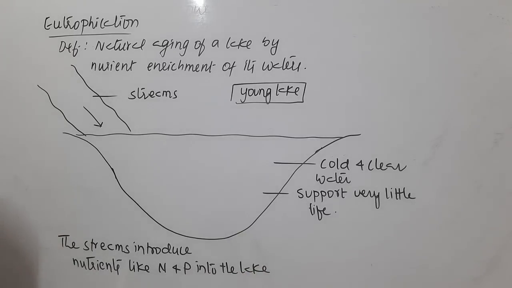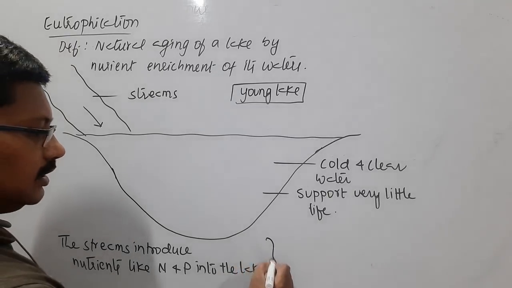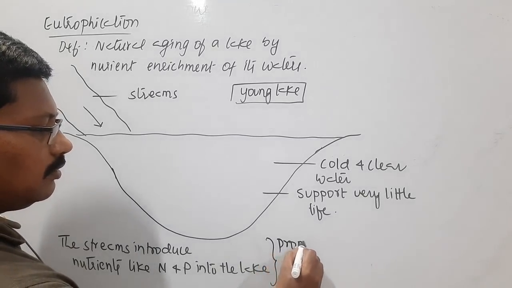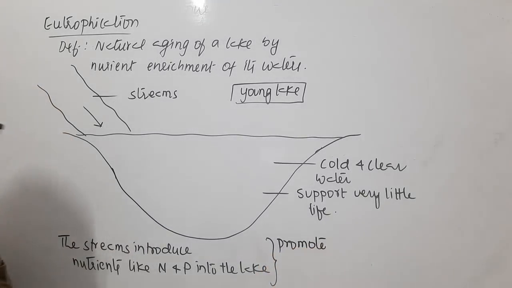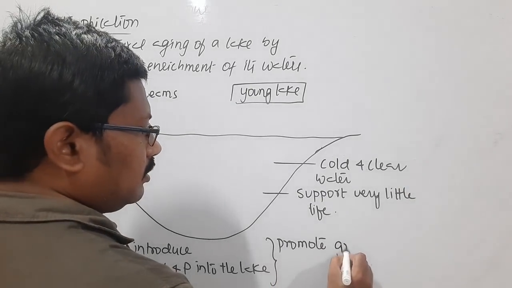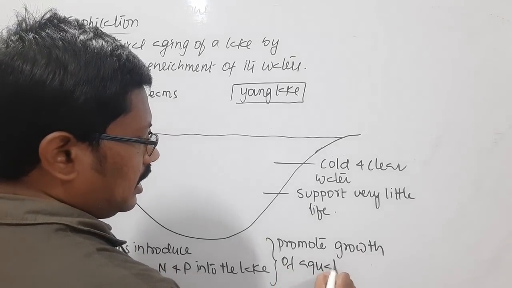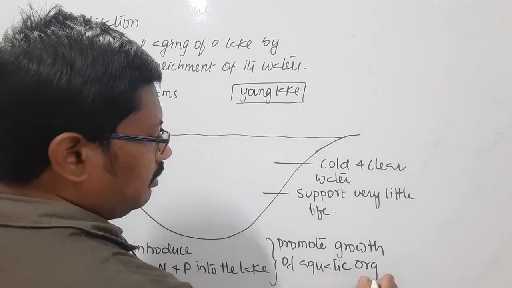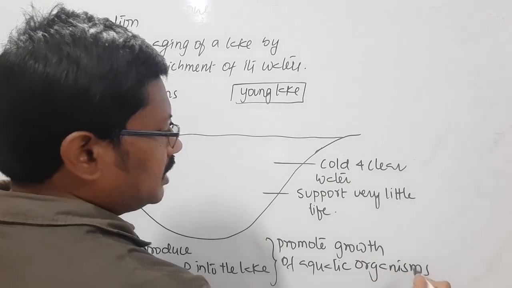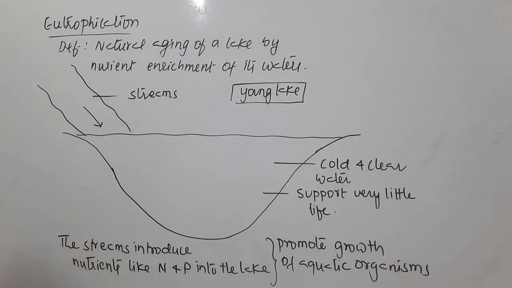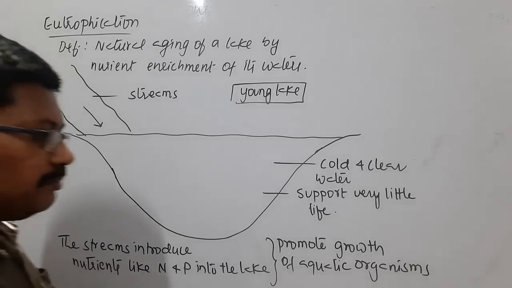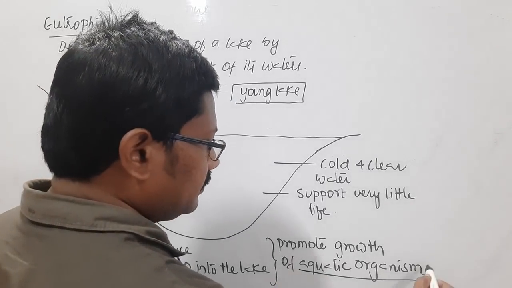Now, due to the introduction of these nutrients into the lake, this is going to promote the growth of aquatic organisms, and these aquatic organisms are nothing but the plants and animals.